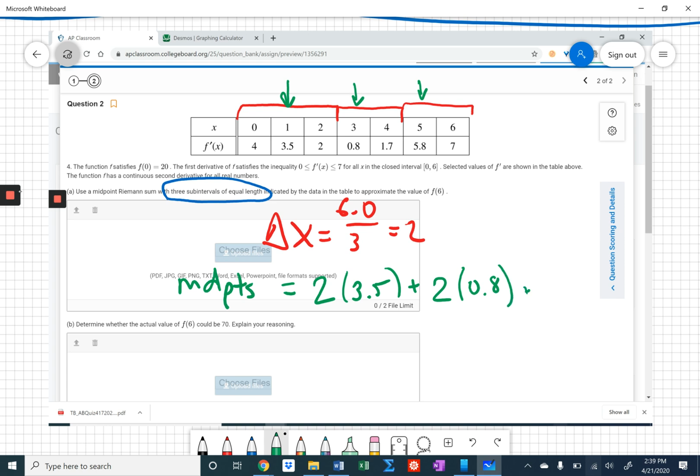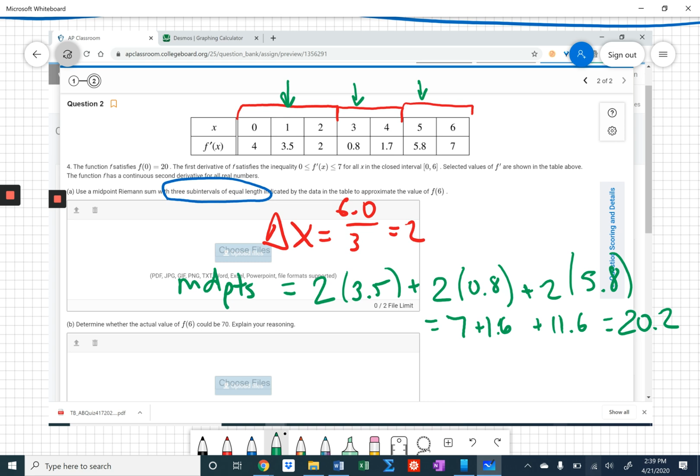And then the last one, also width of 2, and then 5.8. And again, this is not the answer. That's 7 plus 1.6 plus 10, 11.6. So that's 12, 13.2. So it's 20.2 is that value there, but that's not the answer to the question.